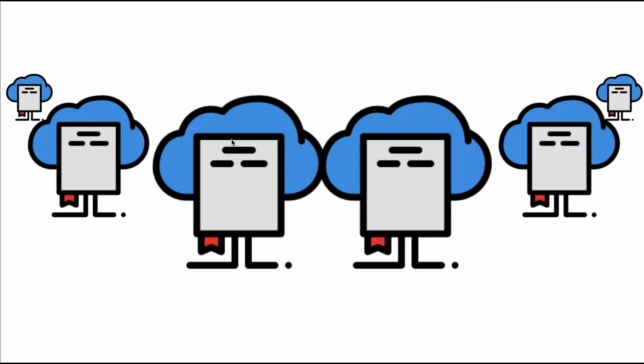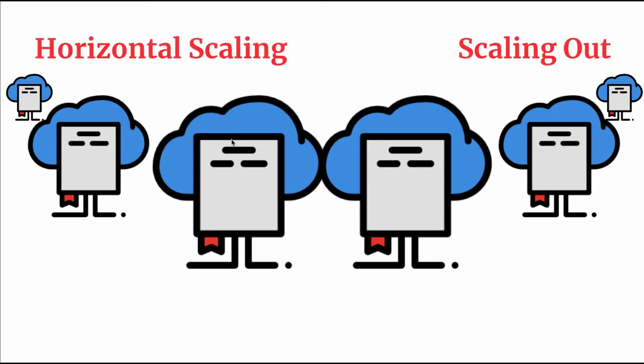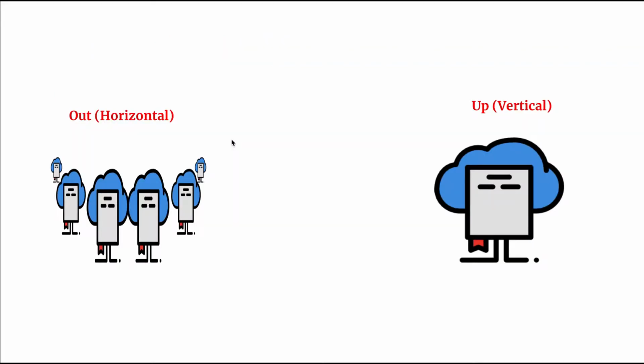Instead of adding more CPUs or memory, you keep adding equivalently powered servers, even low-powered ones. This is called horizontal scaling or scaling out. You are adding more and more machines. So now you can see both up and out, vertical and horizontal.